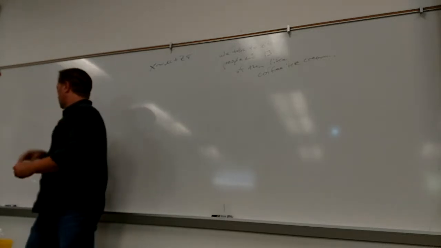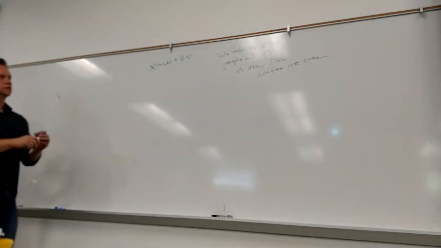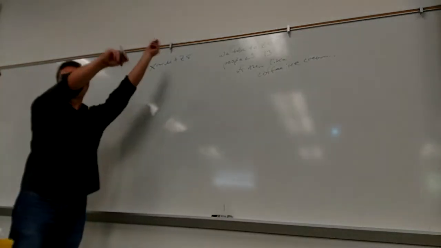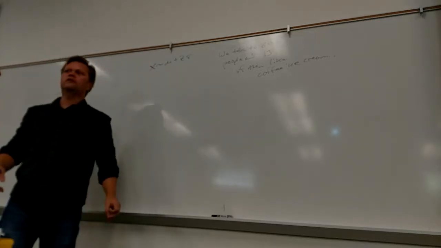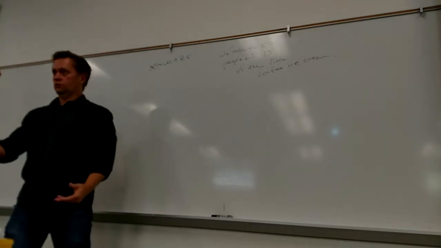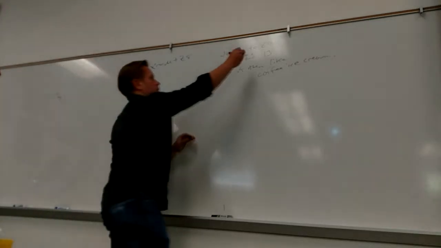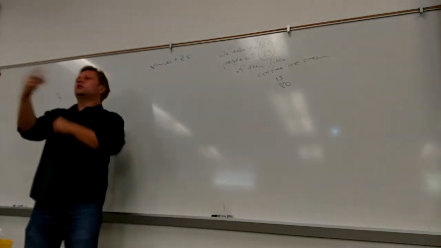What percentage would you get from that sample? What would the percentage be from the sample that liked coffee ice cream? 16. How'd you do that? 13 out of 80, right? That would be the percentage and so forth.